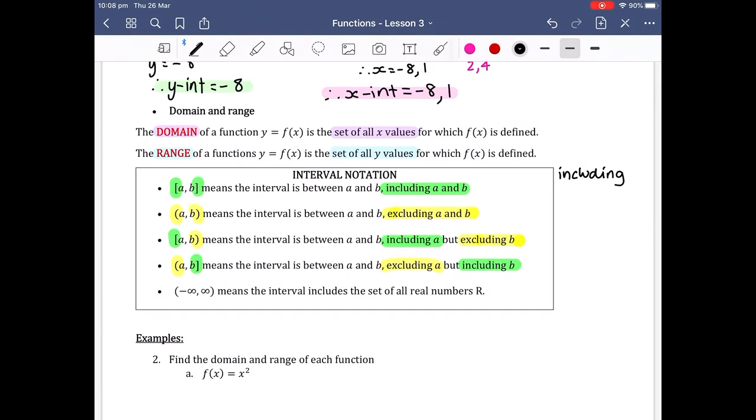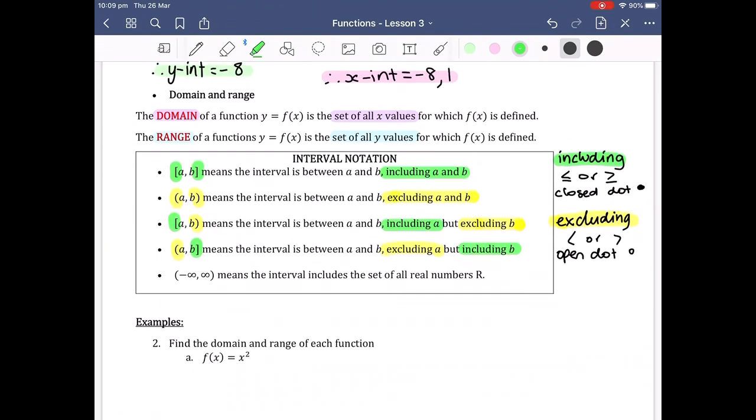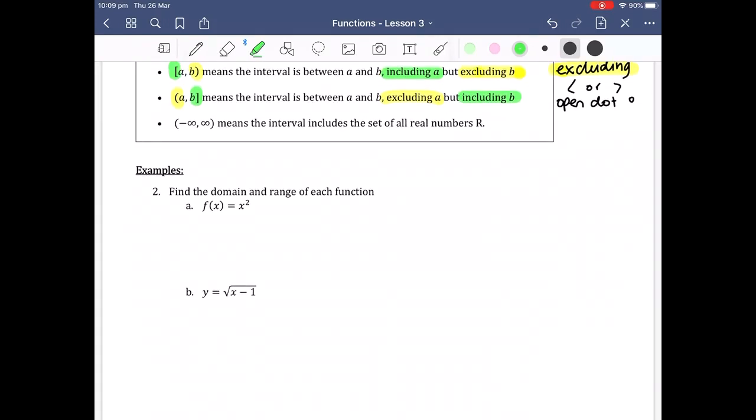When we have including a number, an inequality that you might think of is less than or equal to, or greater than or equal to, which is a closed dot. When we have excluding, we have less than or greater than, and it's an open dot. So just to recap, excluding is like less than or greater than, and including is like less than or equal to and greater than or equal to.